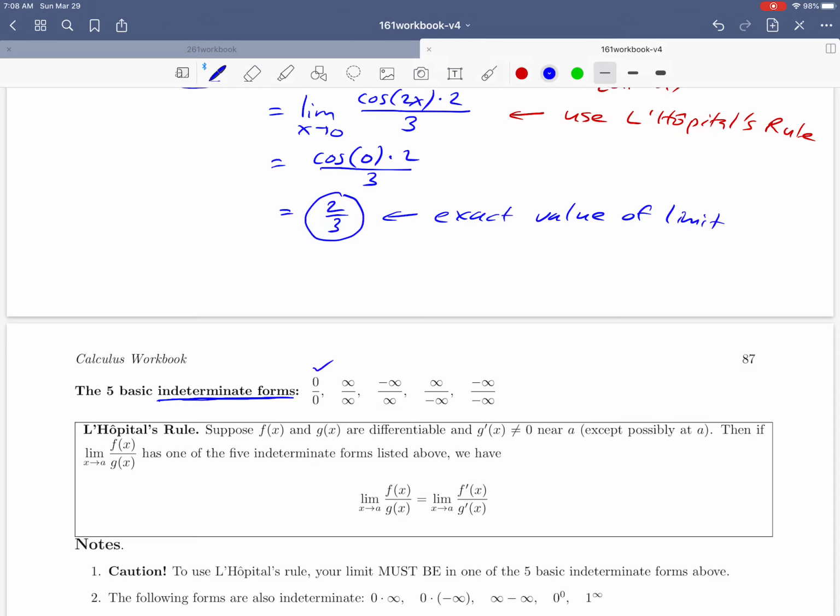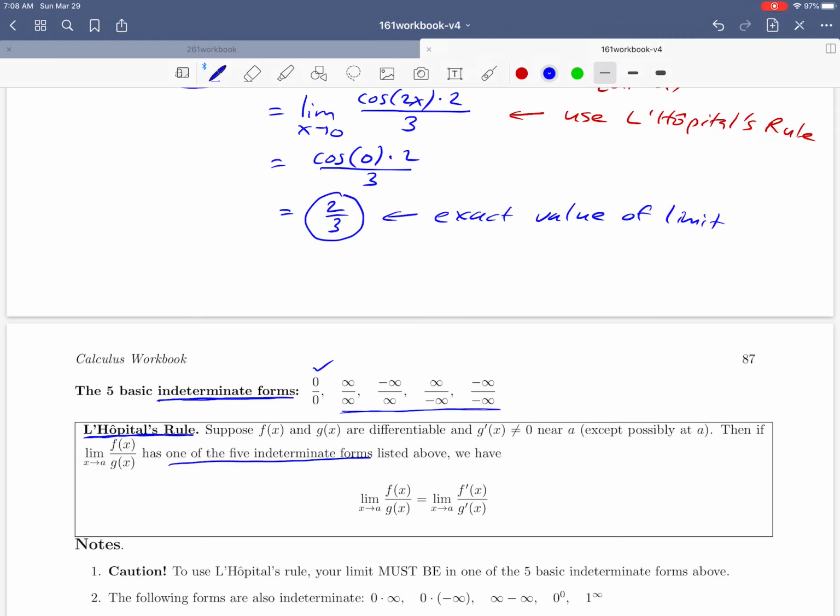Before we describe the rule, L'Hopital's rule is intended to help us with limits that are in what are known as an indeterminate form. 0 over 0 is the form that we just looked at together, but there are 4 others where L'Hopital's rule might help us: various combinations of plus or minus infinity over plus or minus infinity. We can also use L'Hopital's rule in those situations.